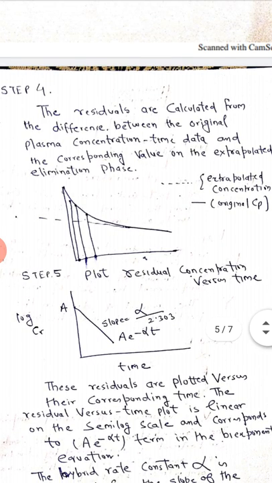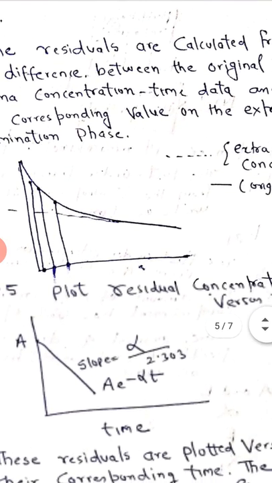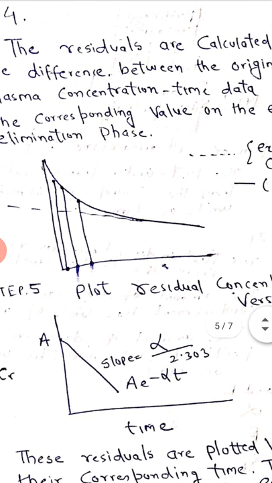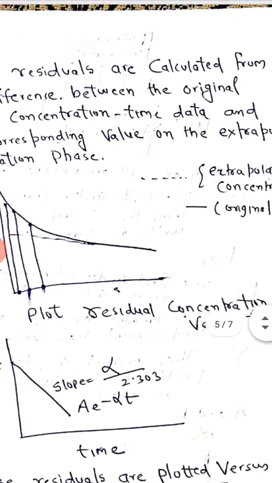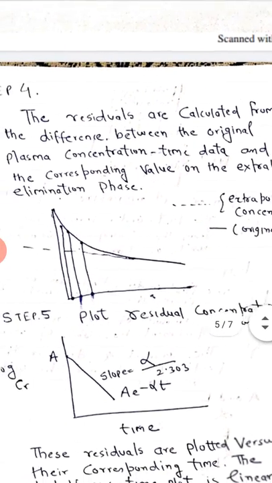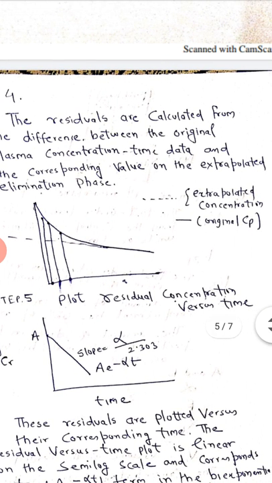So let us see the graph. There is a dotted line and a solid line. The solid line, the biexponential curve, is the original curve, and the extrapolated line is the elimination line. So the residuals are calculated from the difference between the original plasma concentration-time data and the corresponding value on the extrapolated elimination phase.